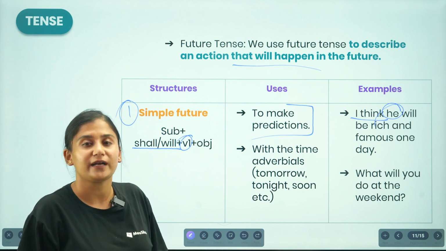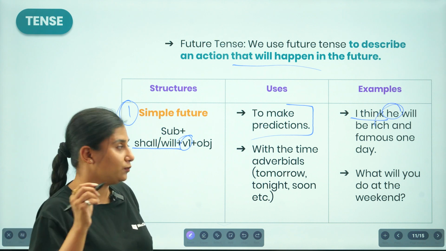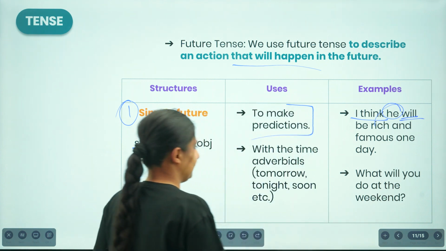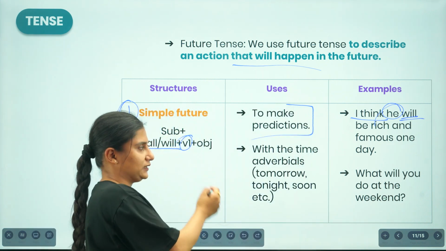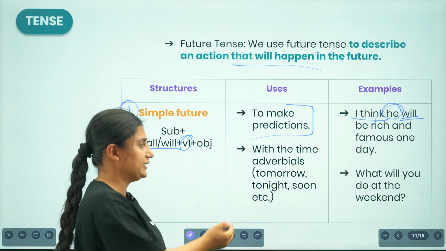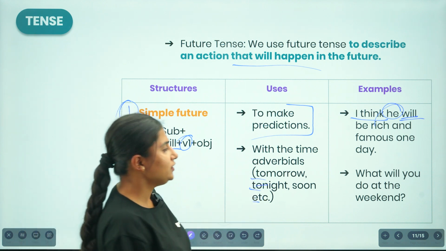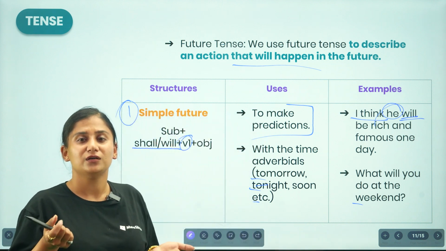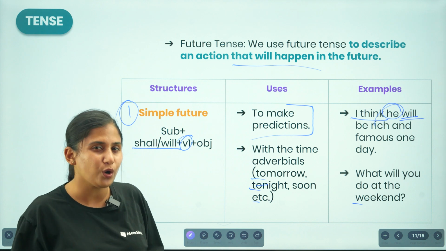I am just predicting, I am just assuming that he will be rich. So make sure that we use the structure very well. Also, we use time adverbials, that is tomorrow, tonight, or soon. Okay, so what will you do at the weekend? You are talking about the action that has not yet occurred.